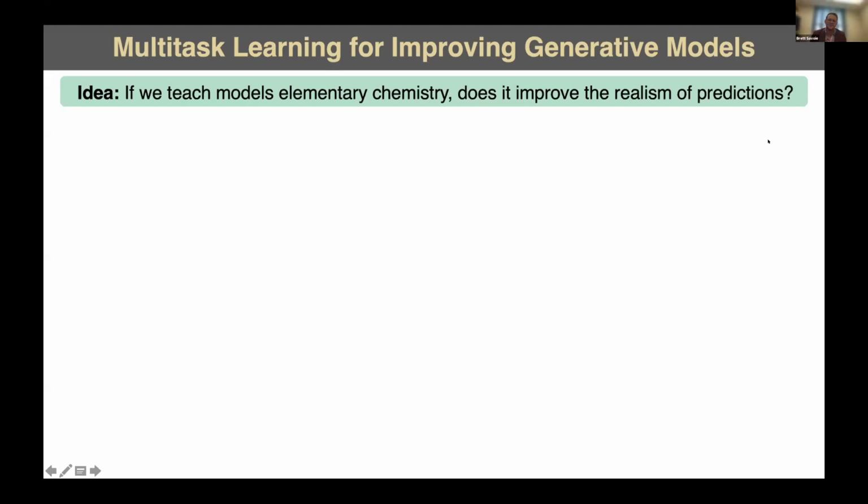If I were to put it in a cheeky fashion, I might say that you have to teach a model chemistry 101 before you want it to start predicting binding affinity for an active site, right? Maybe you need to teach elementary chemistry, which isn't obviously related to your ultimate goal, your property of interest, but that can help the model through the back door understand what realistic chemistry is like. What does a realistic chemical graph look like?